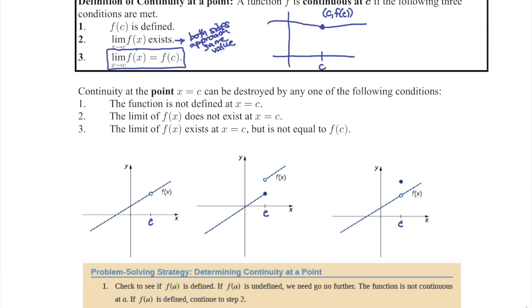So maybe the function's not defined there, as in the first picture. Maybe the limit doesn't exist there, as in the second picture, where the two sides are not approaching the same value. Or in the third picture, the function is defined and the limit exists, but they're not the same thing. So these are 3 ways where the discontinuity can happen.